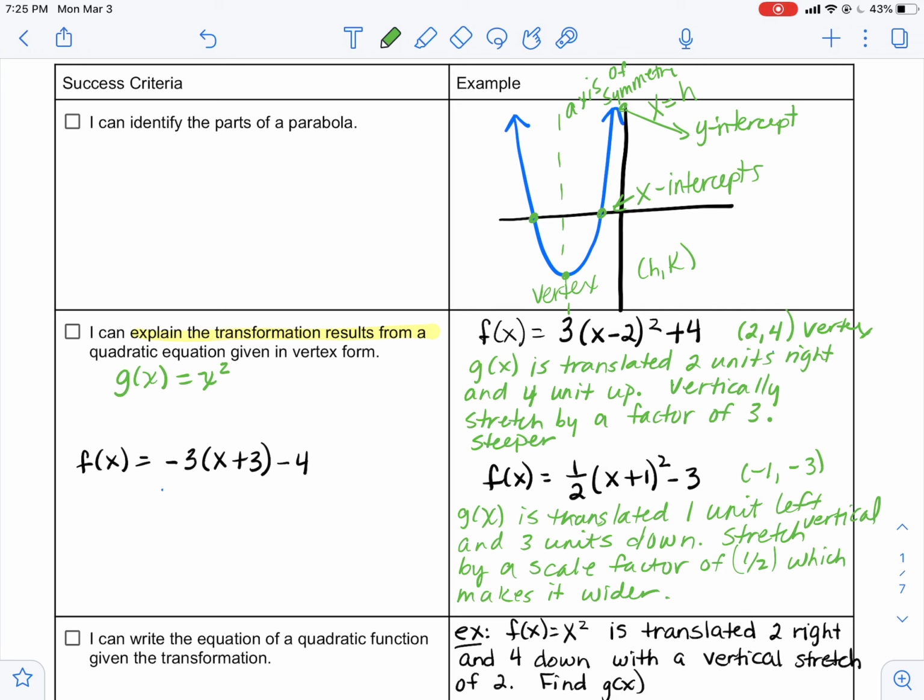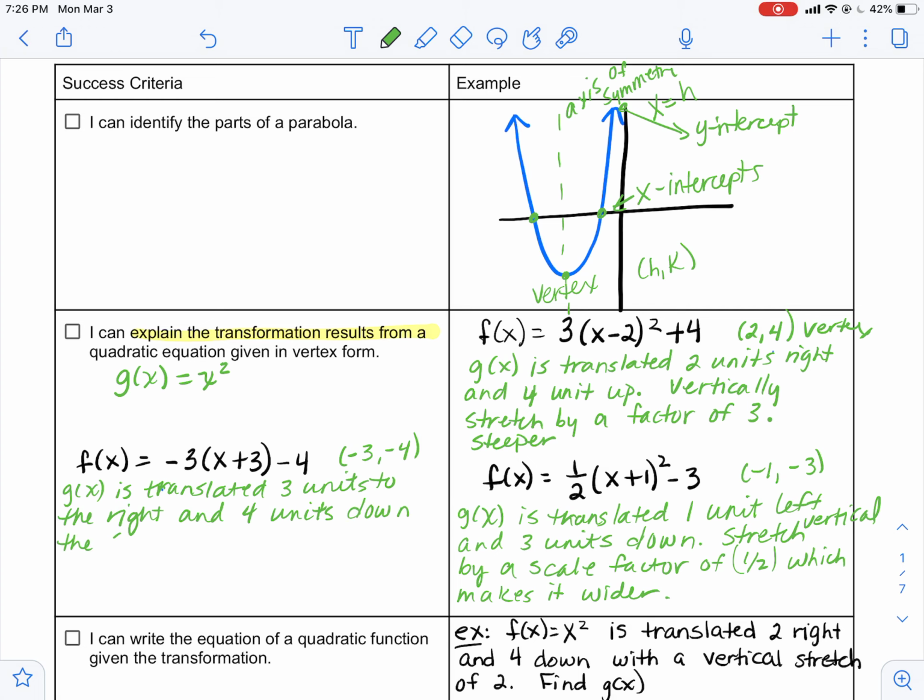So again, an example. Do one more real quick. On this one, we've got a vertex at (-3, -4). So g of x, my original, is translated 3 units to the right and 4 units down.